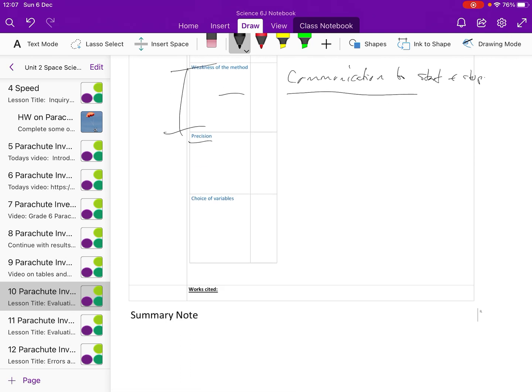Okay, now, precision. Precision is talking about the scale. So your timing was probably 3.10 seconds, right? That is pretty precise, the 0.10, yeah? The distance that I measured was 3 meters. That's not very precise, is it? 3 meters means it was anywhere between 2.5 to 3.5 meters.